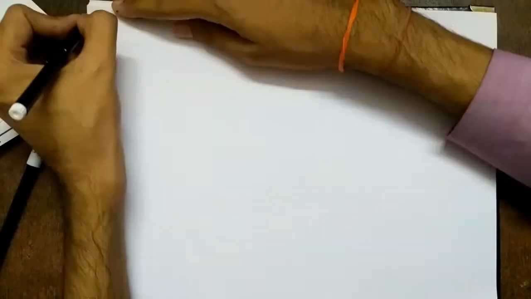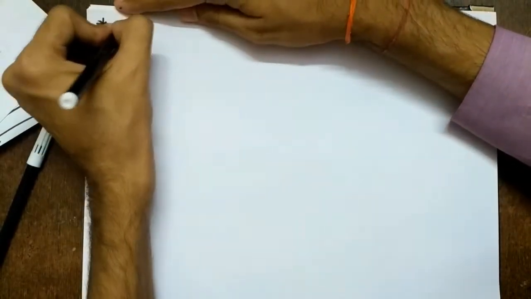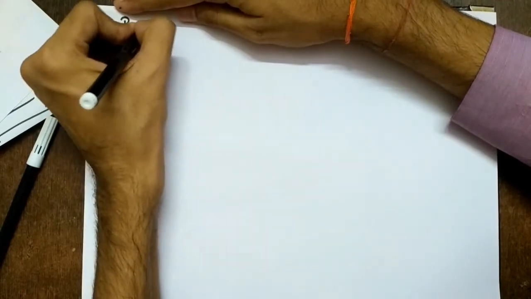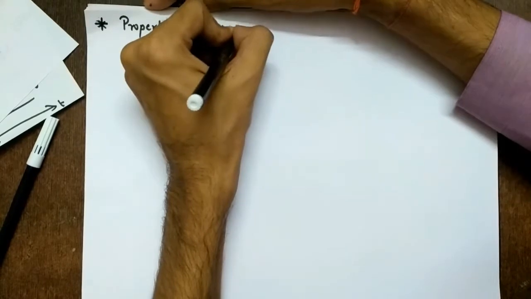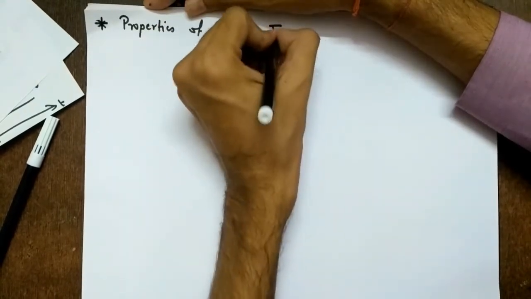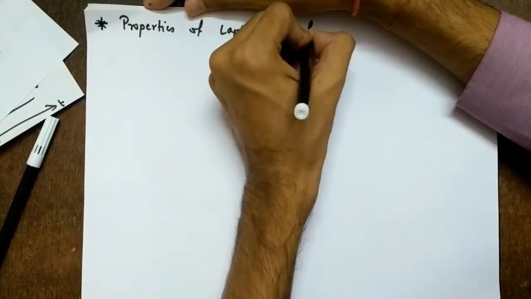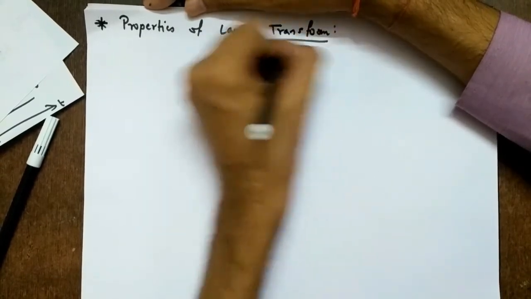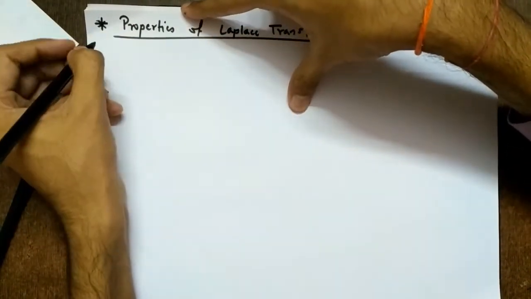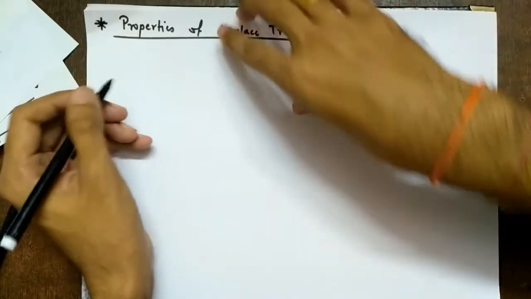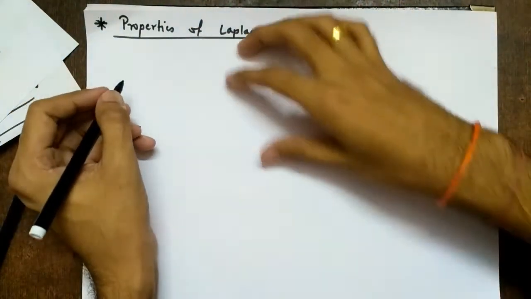Then we have some properties of Laplace transform. First is the linearity property. I will not go into that; I will cover only those that are important from the exam point of view.